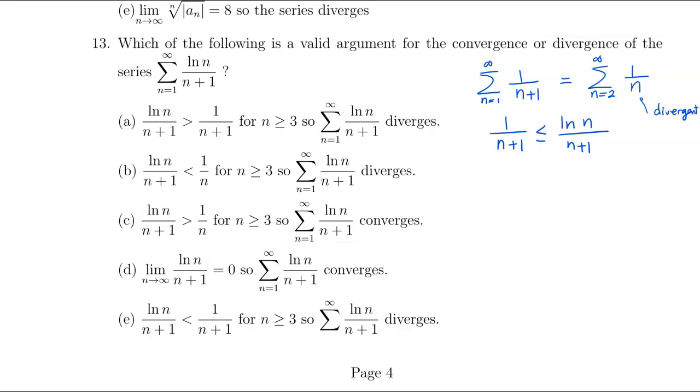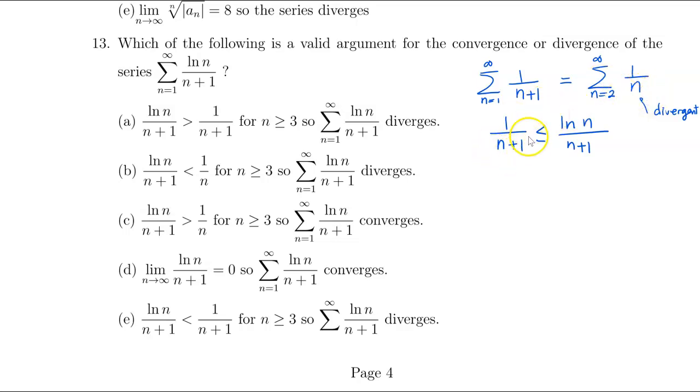So we are comparing the original series to a harmonic series, which is a divergent series. And then by the direct comparison test, the known series, when I say known series, the convergence of that series is known.